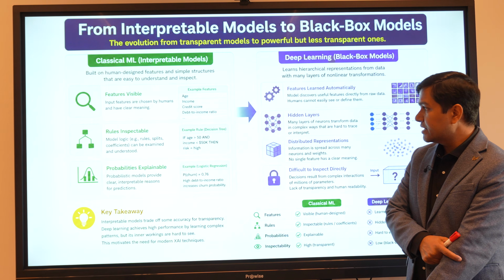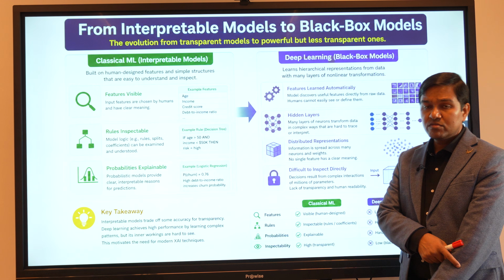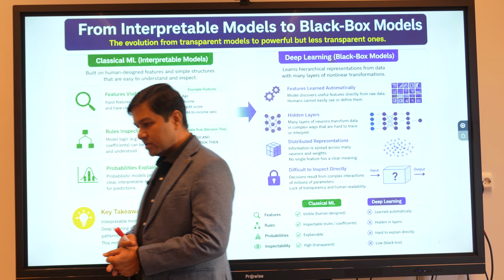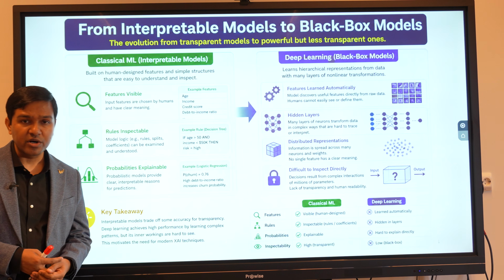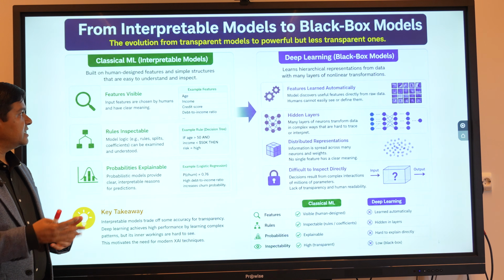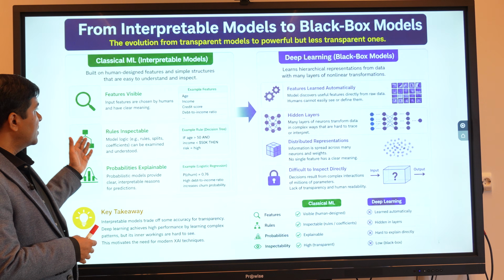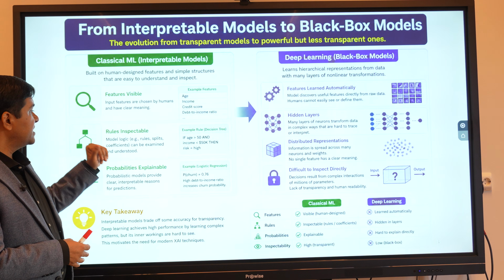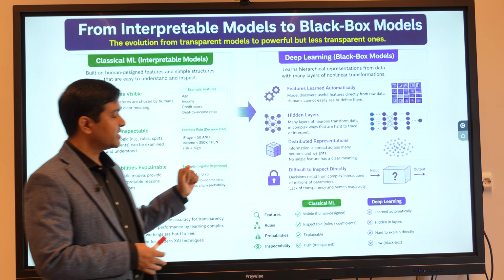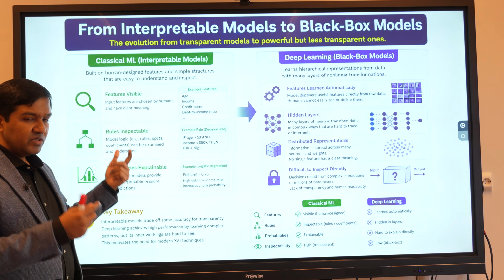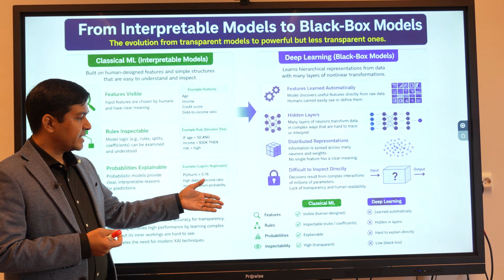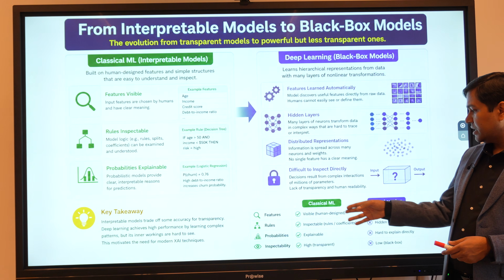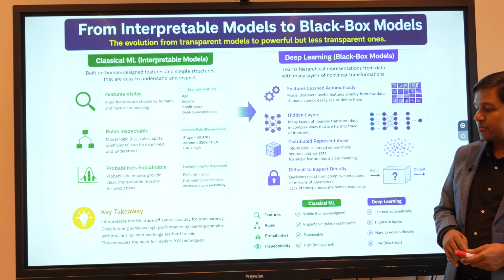So what we saw from the history of AI is that we initially started AI as interpretable models, but later turned into black box models. But what we got is that the feature got its integration. What typically happened is that in classical ML we were designing the features before, and later on the features were learned automatically.